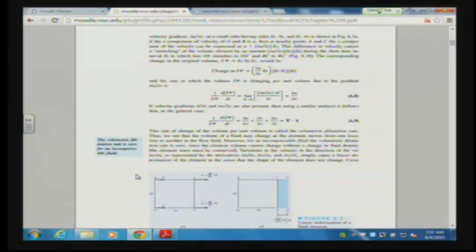All right, so continuing on down, when we talk about the angular motion and deformation, it's important to notice that this term omega is the angular velocity, and omega here is written as a scalar. So this is the scalar component of the angular velocity. That's going to be in radians per second, for example.